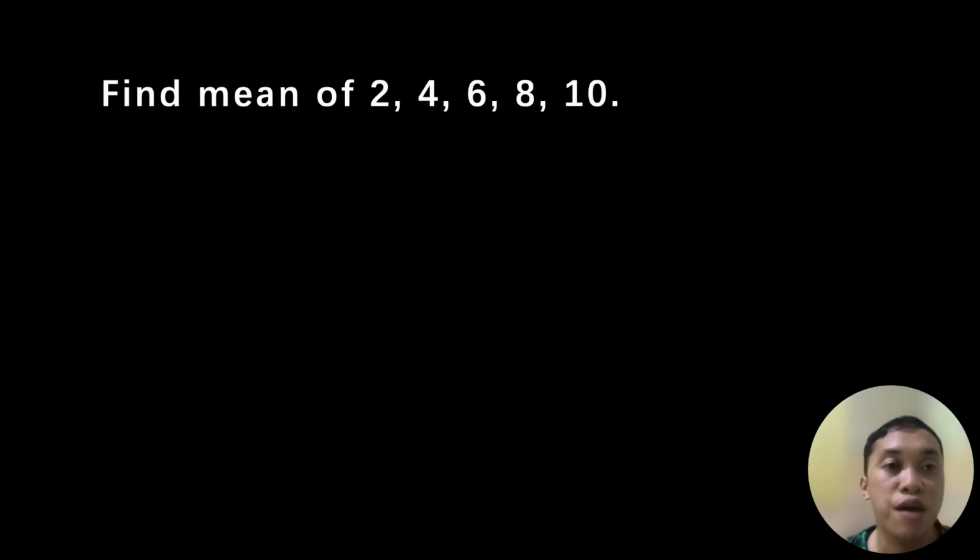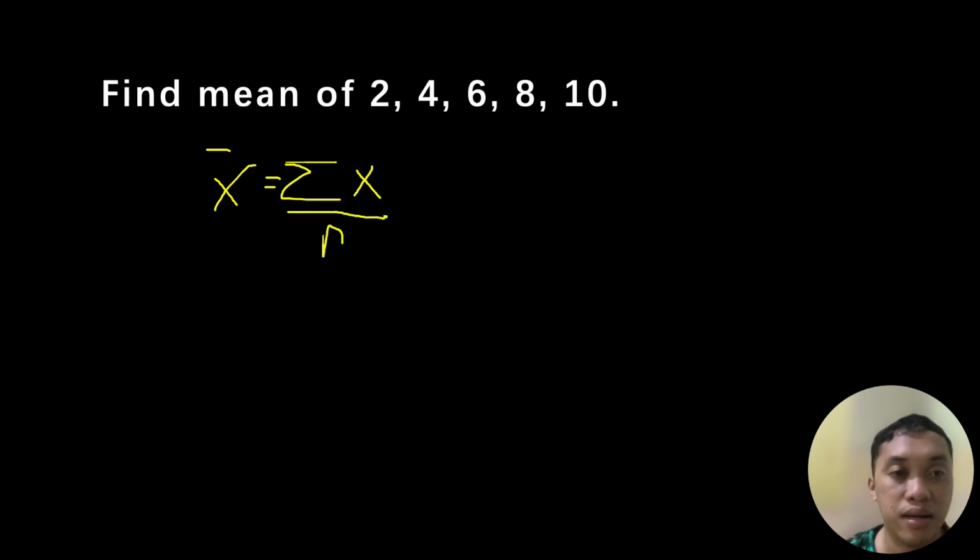First example is find the mean of 2, 4, 6, 8, 10. Again, we are asked to solve for the mean. And if you can recall, the formula for mean once again is mean is equal to the summation of x, where x will be our samples or population, divided by n. So what we need to do is just add the total samples.